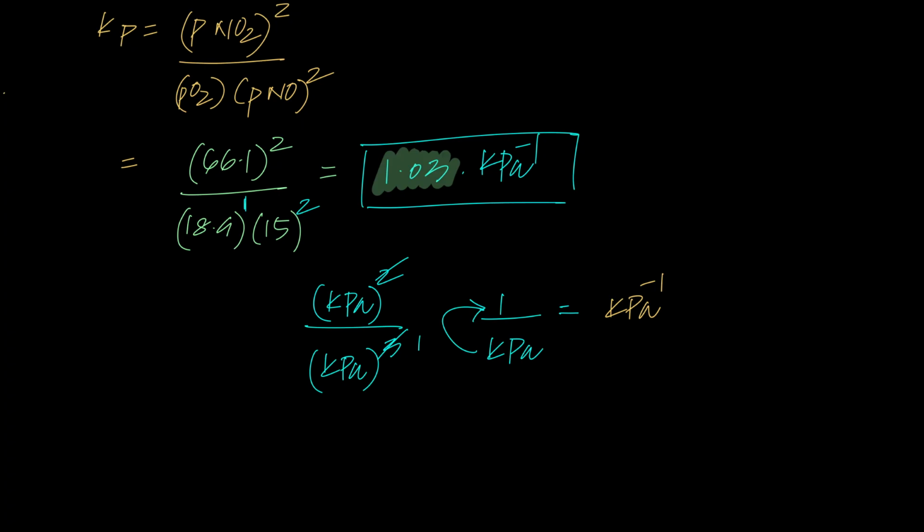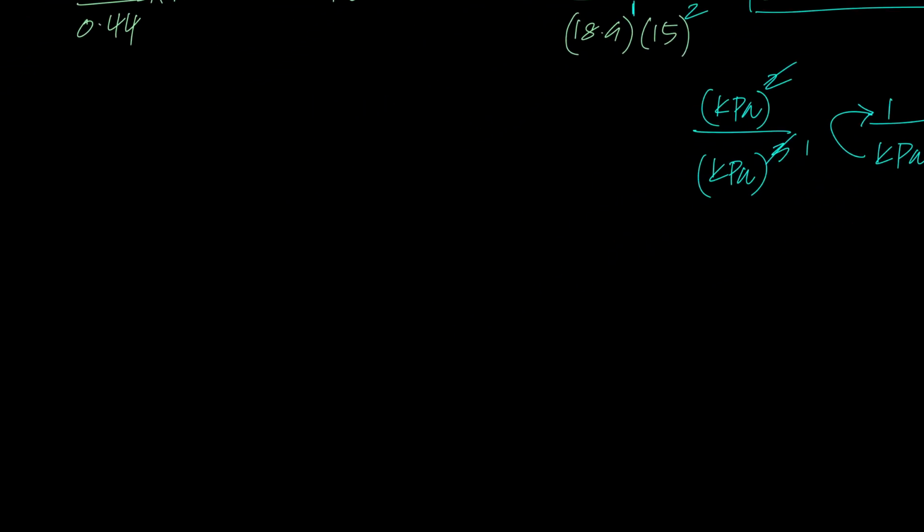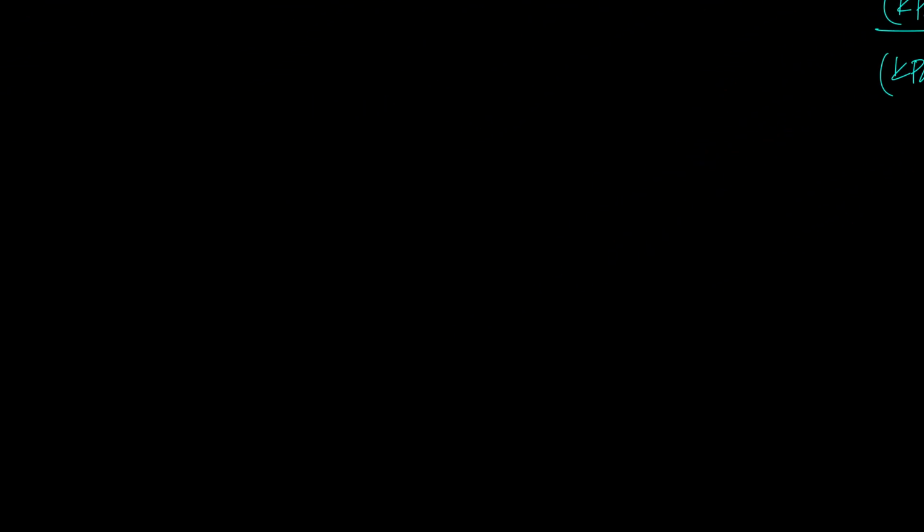Done? It's the same idea. I'll give you one more question. Do this question on your own and you'll be good to go. I'm going to give you the same reaction: 2NO plus O2 gives 2NO2, all gases.